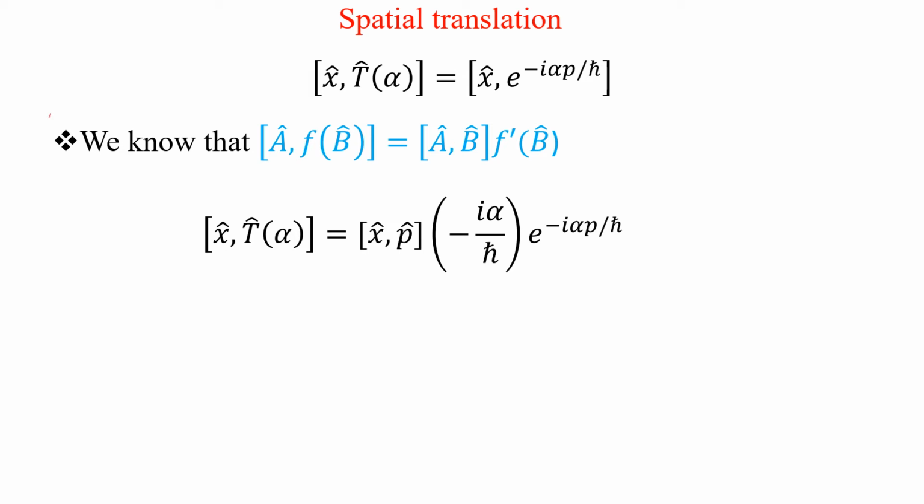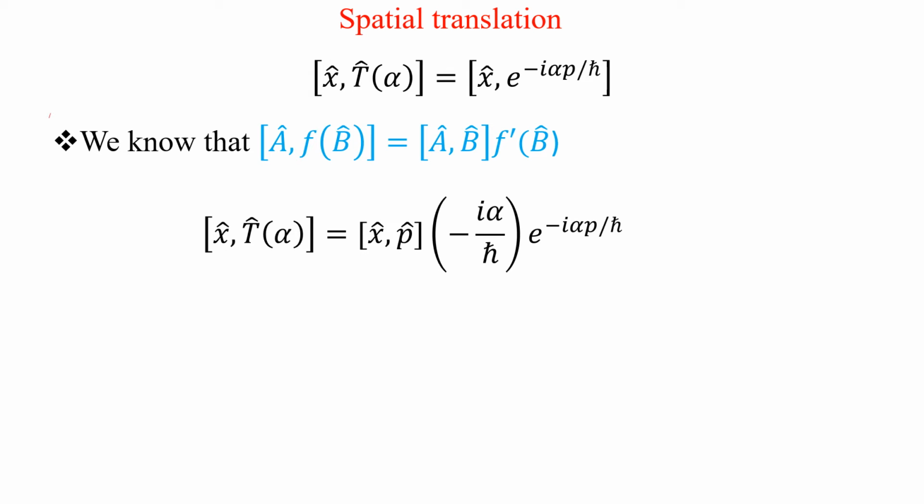Here p is the momentum, and the commutation of A with a function of p is equal to the commutation of A with p multiplied by the derivative of that function, that is, the derivative of this exponential term, which is minus i alpha over h cross e power minus i alpha p over h cross.